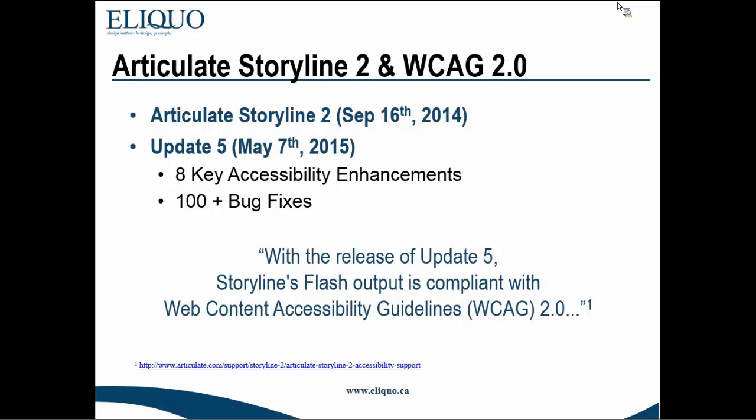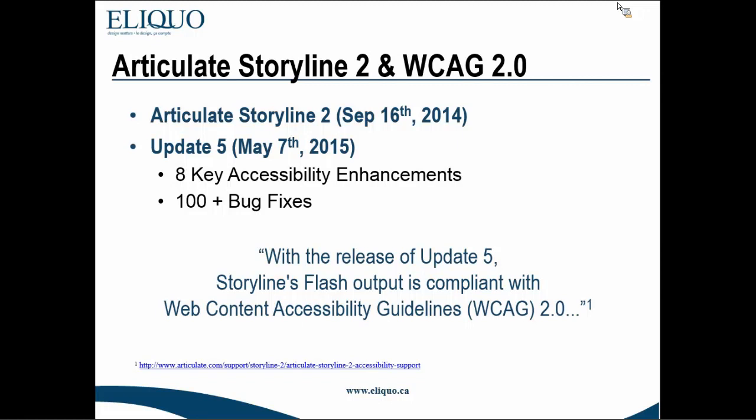One of the challenges that Articulate faced, though, when looking at its competitors, especially competitors such as Adobe's Captivate or Lectora Inspire, was that the approach to accessibility was left a little bit wanting, until, that is, May of this year, when they came out with Update 5.